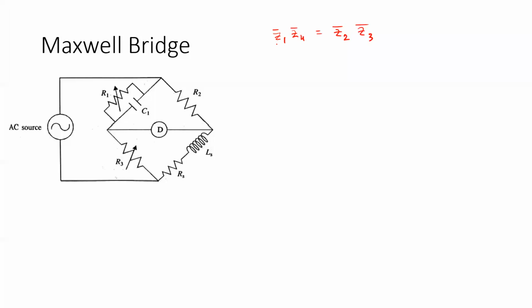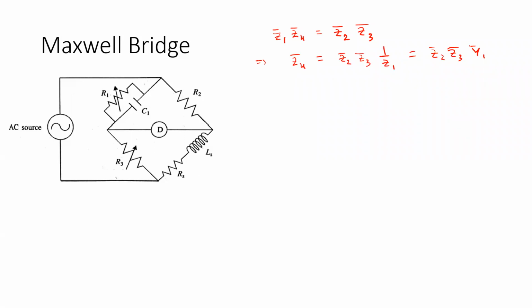Now I can easily take this Z1 on the right hand side and write 1 by Z1, which will actually give me the admittance.